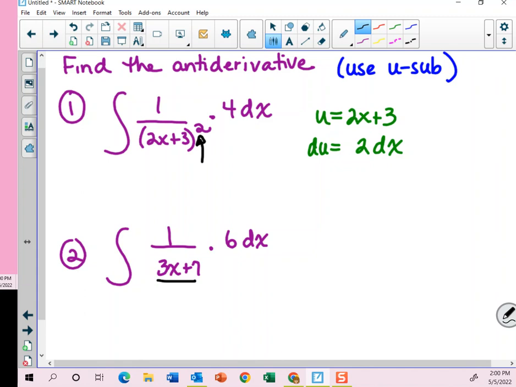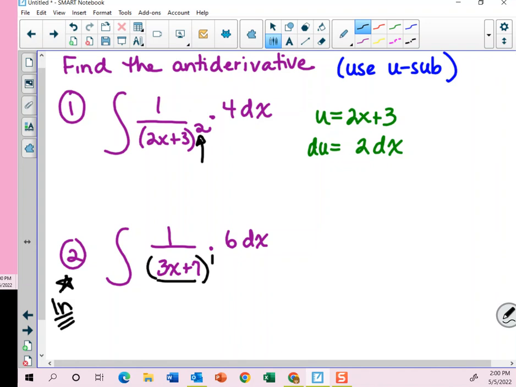Or if you were going to write that as parentheses, the only power you could write on there is 1. That's a really good clue that this is probably the natural log problem. So that's always something to look for.